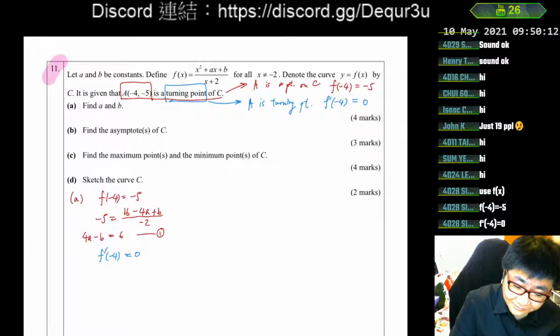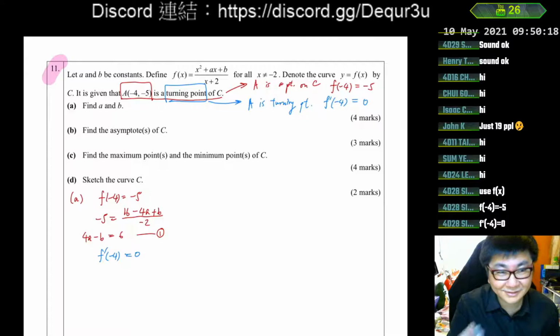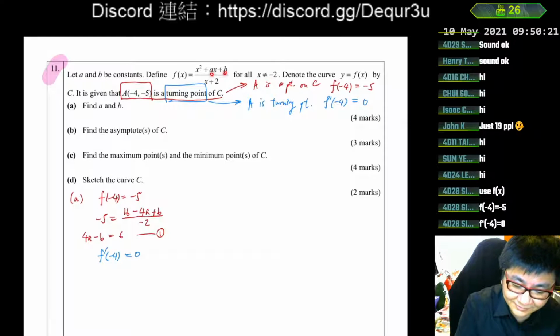Here, this function we need to differentiate by ourselves. We cannot easily do long division because there are unknowns. It can still be possible, but with unknowns it seems not so easy. Therefore, we just directly differentiate, and then put in -4.